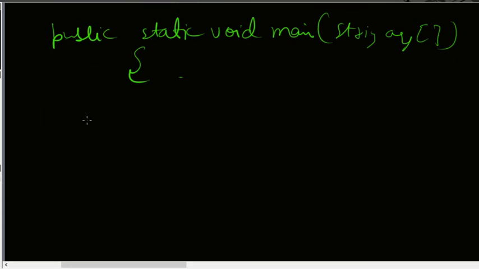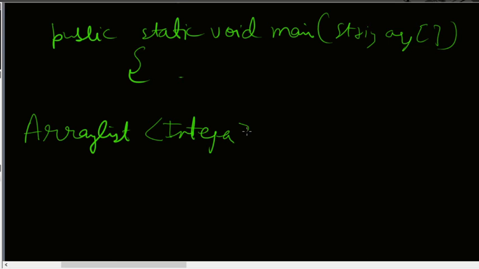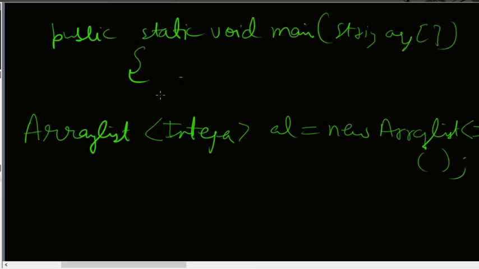After writing this, I'll declare the array list as I already told you: ArrayList, in brackets Integer, then al equals new ArrayList, then again Integer. This is an empty array list.